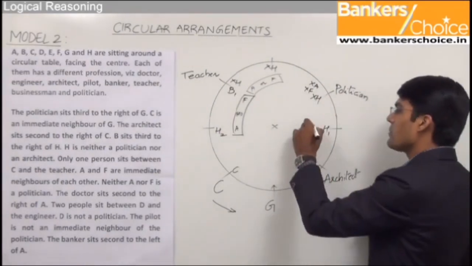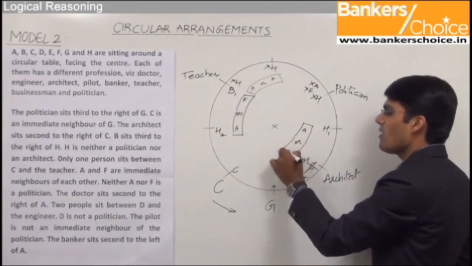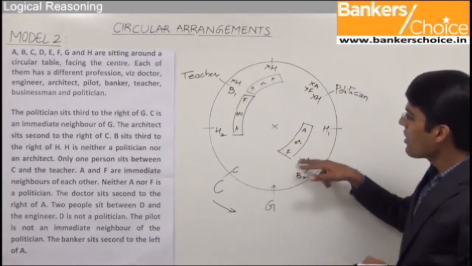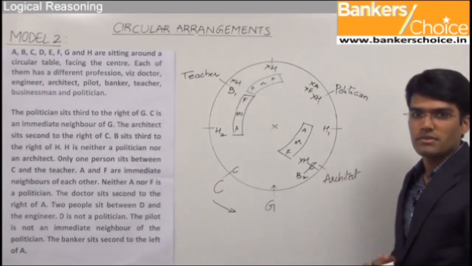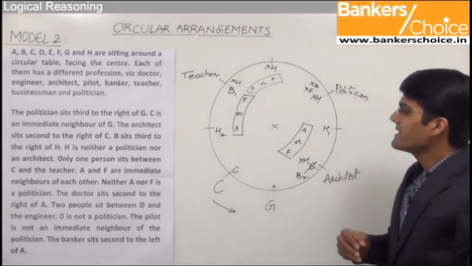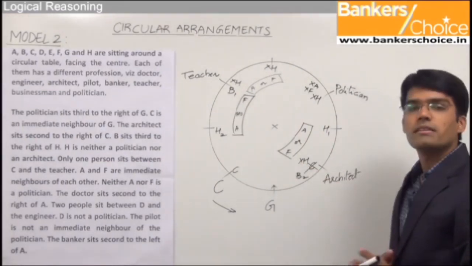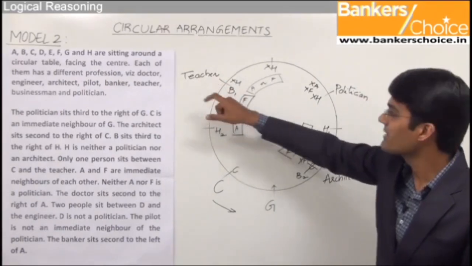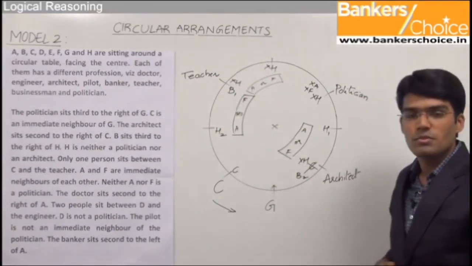And then the third possibility for A and F together is this, that is A or F. So if A comes in this place, F will be coming in this place, or they can interchange, that is F takes this place and A takes the given position. So we can say that there are three pairs of consecutive positions available on the table for A and F together. The first pair is these two positions, the second one is these two positions, and the third one is these two positions.